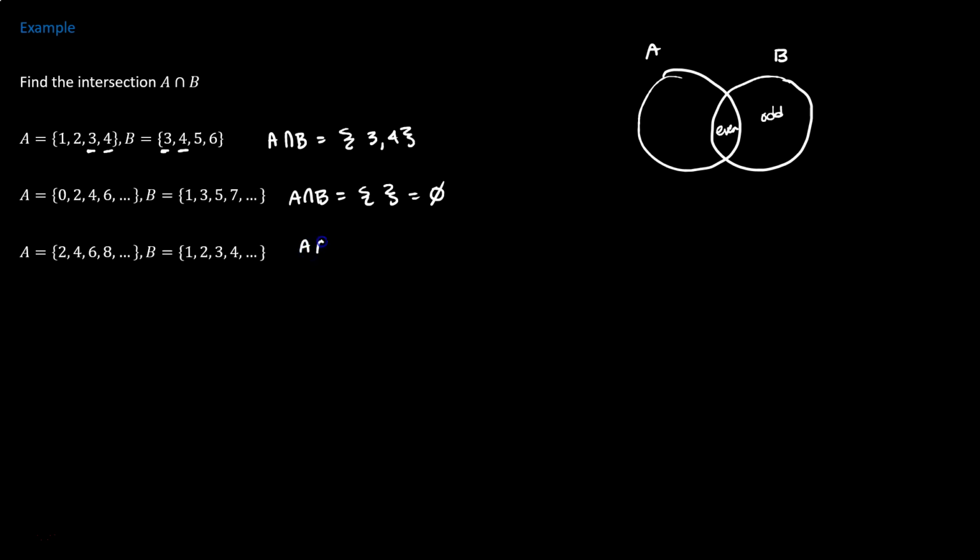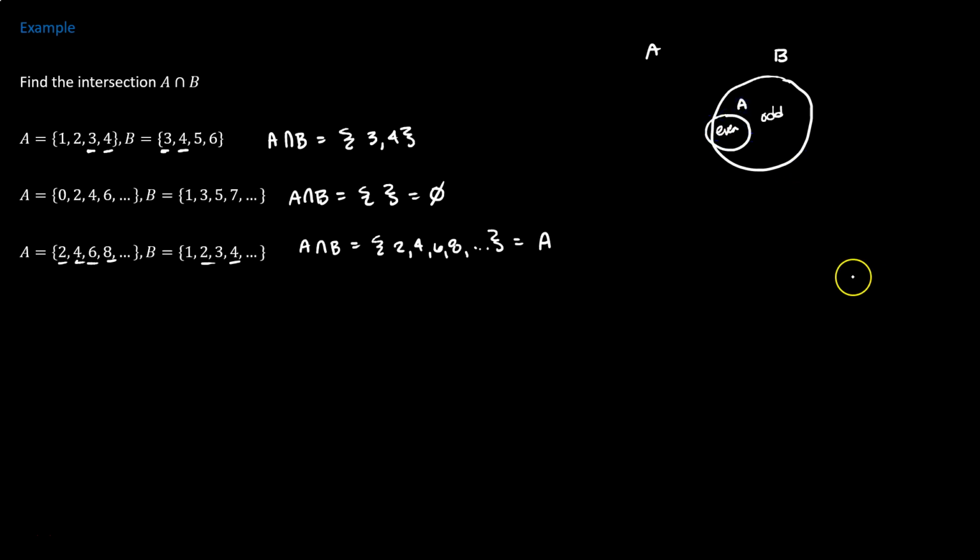So for the intersection, the numbers that A and B have in common are all of the even numbers, which happens to be the set A. So we could say the intersection here is the entire set A, and that's because A is a proper subset. So remember that we could draw A like this for this picture. A is completely contained within B.